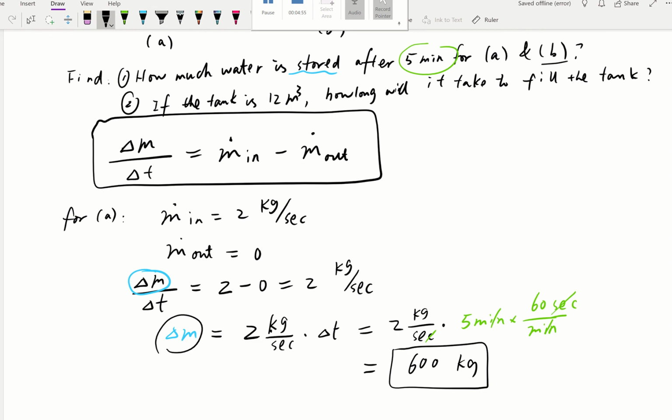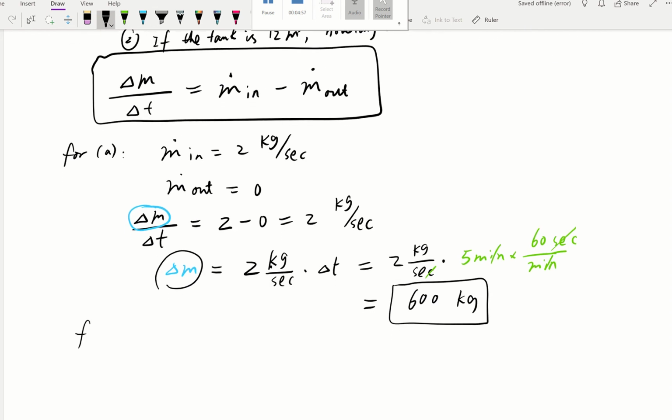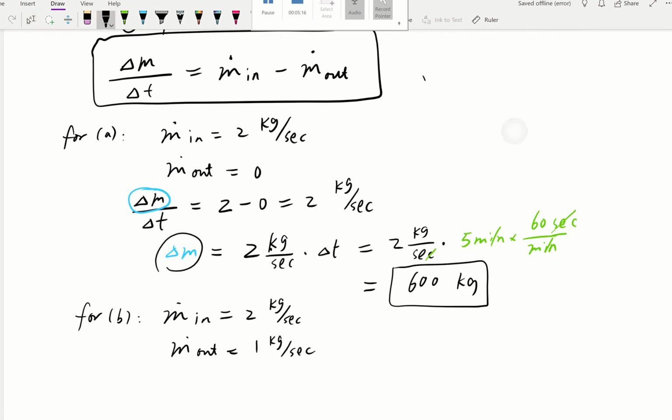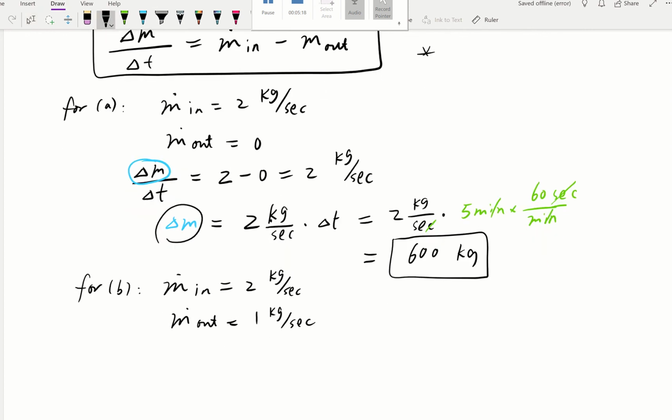Now we're going to figure out B. That would be the same logic. For B, mass flow rate in is also 2 kilograms per second. However, mass flow rate coming out is 1 kilogram per second. So bringing that up to our mass conservation equation, the mass change means how much has been stored up, right? Because initial is 0.